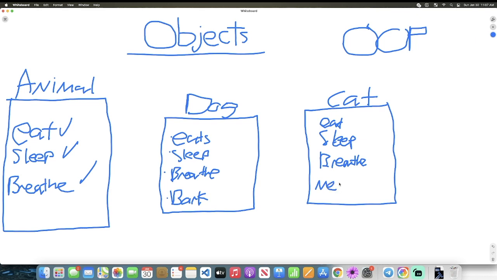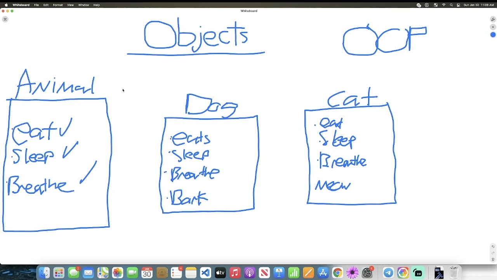Meow. Okay. Do dogs meow? No. Do cats bark? Nope. But dogs bark. Yep. And cats do indeed meow. And since a dog is an animal, and a cat is an animal as well, cat eats, sleeps, and breathes. Dog eats, sleeps, and breathes. All animals eat, sleep, and breathe.